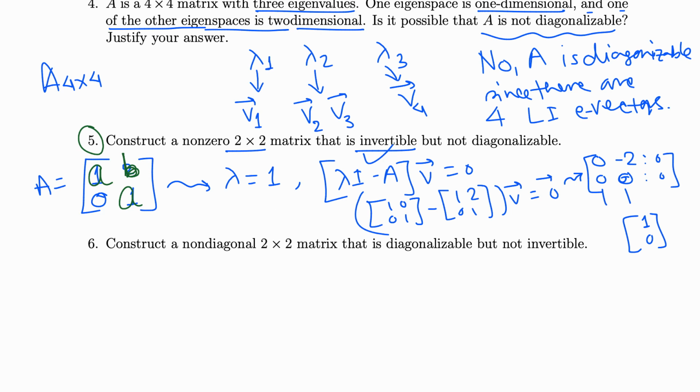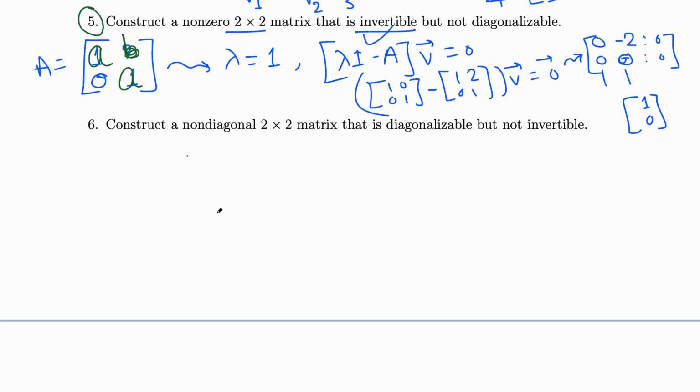Number 6, construct a non-diagonal 2 by 2 matrix that is diagonalizable but not invertible. So we want the determinant to be 0. Determinant 0 means this diagonal product minus that diagonal product is 0.